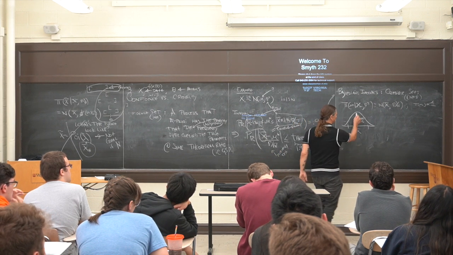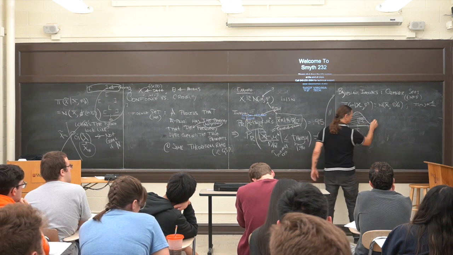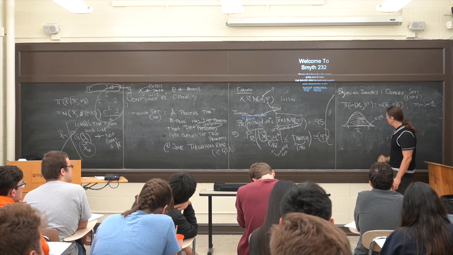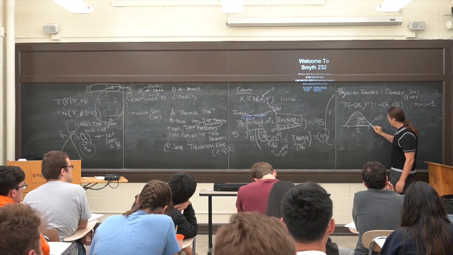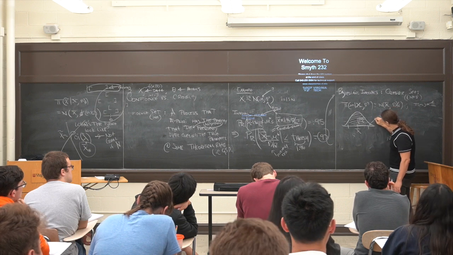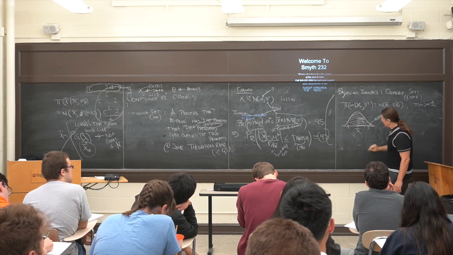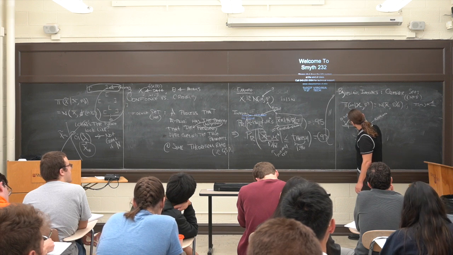If I wanted to pick the densest interval or a symmetric interval that's 95%, I'd chop off my 2.5% tails. This is going to be 0.025 area, and this is also going to be 0.025 area.